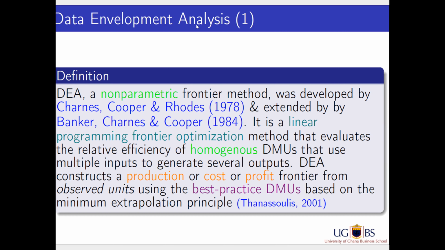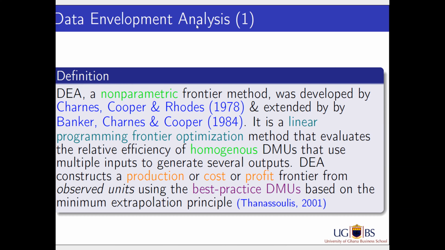So when you say that this guy is inefficient, you are comparing that guy's efficiency score with another guy. That is why you are saying he is inefficient. So the efficiency is relative. So you are measuring the efficiency of homogeneous DMUs. As for homogeneous, today you understand, because we said homogeneous means that they are using similar inputs to generate similar outputs. They are doing similar things.